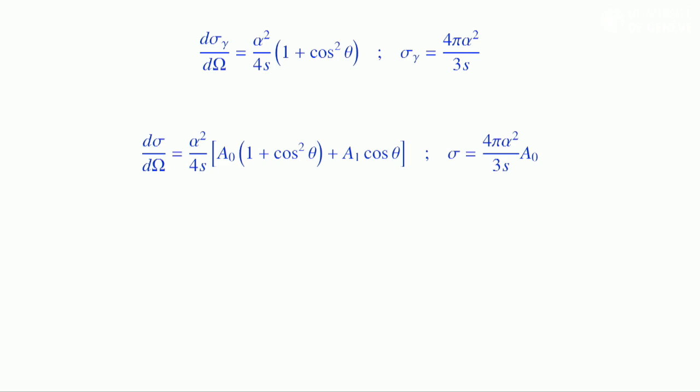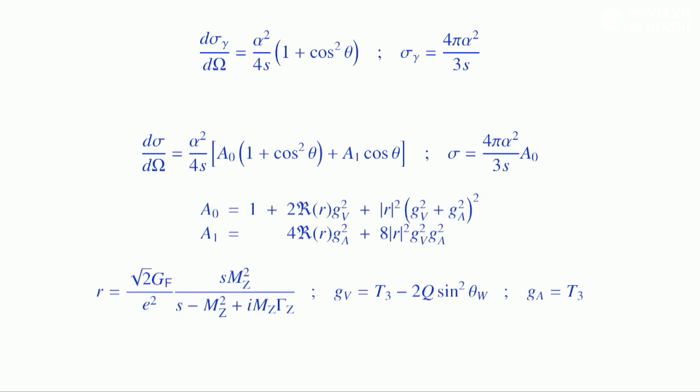The scattering angle, I remind you, is the angle between the incoming e- and the outgoing mu-. The coefficient A0 of this term now contains a new contribution due to weak interactions. There is also an additional asymmetric term proportional to the coefficient A1.